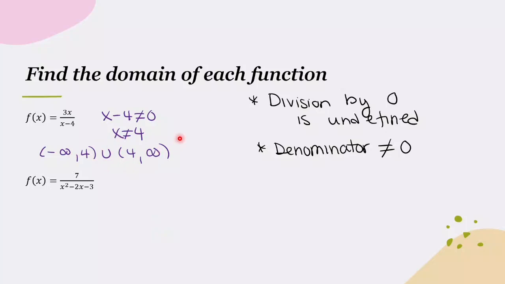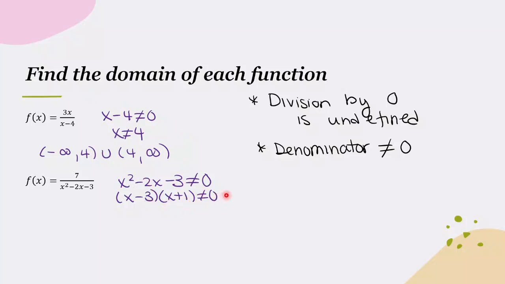Same idea works for the next function. I'm going to take my denominator, x squared minus 2x minus 3. That cannot equal 0. Denominator can't equal 0. This is something that we can solve by factoring. Product of -3, sum of -2 would be -3 and plus 1.